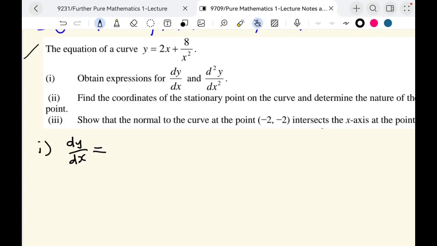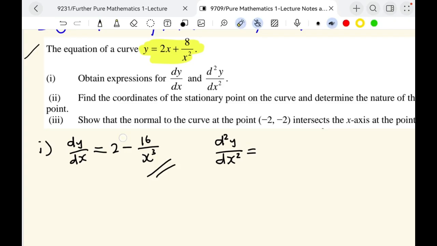So from the equation above, I have highlighted over here. What is the first derivative? 2x, you get 2. What about 8 over x squared? Negative 8 times 2, 16, divided by x cubed. That is your dy dx, or the first derivative. Okay? So what about d2y dx squared? It means you have to differentiate the equation twice, which means that you have to take the derivative one more time for the first derivative that you have done.